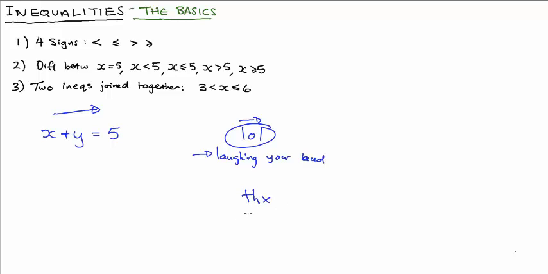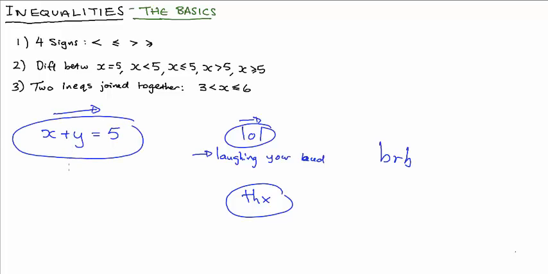The other person knows what that means, so don't bother. Be right back, BRB. I even sometimes do that. Well, guess what? This is just really like a mathematician's text speech.